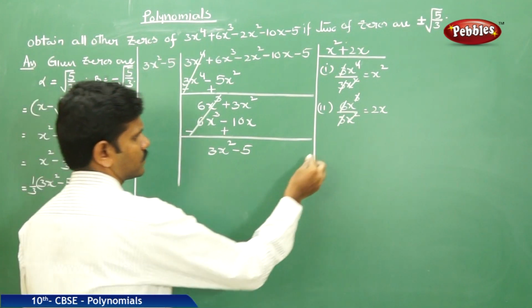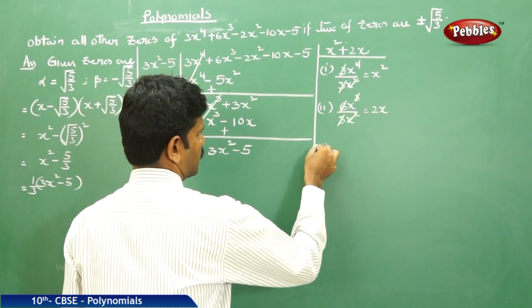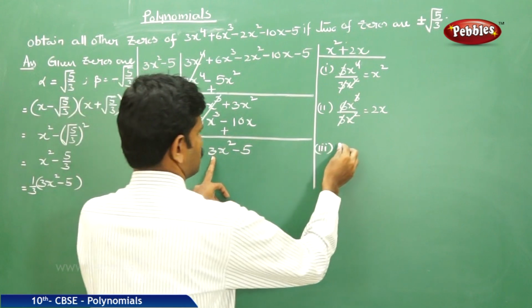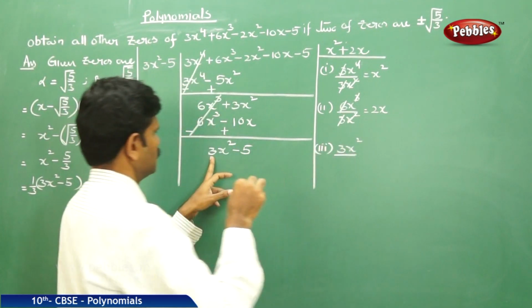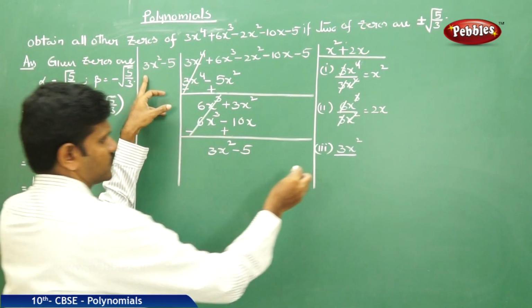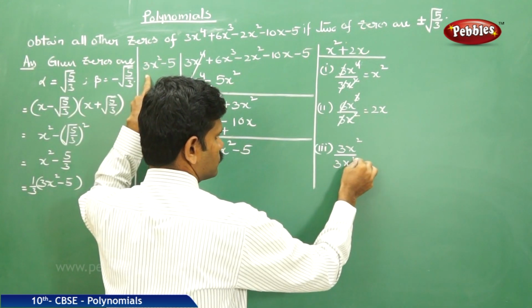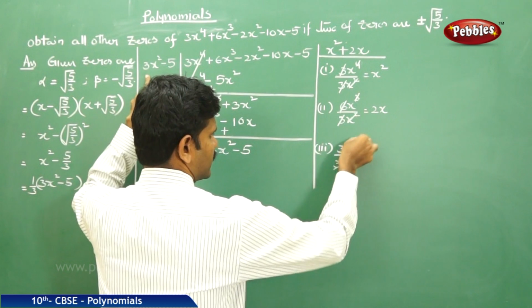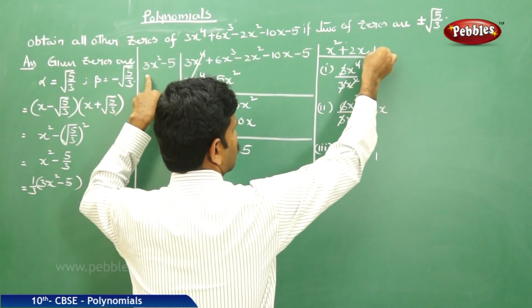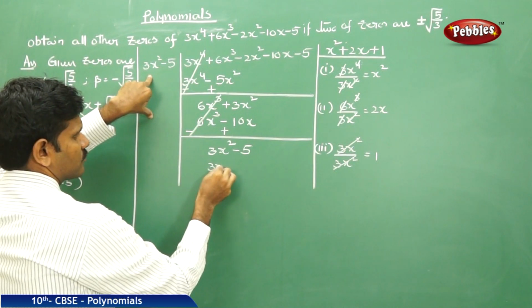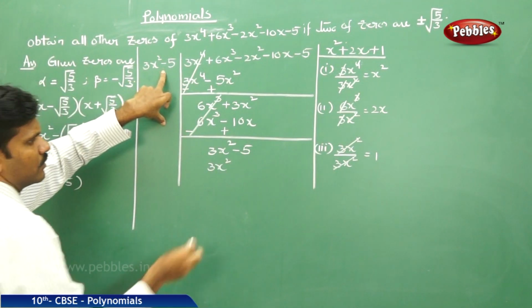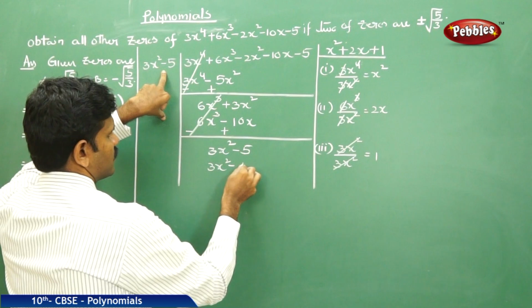Then third part, that is 3x square by 3x square, both get cancelled, which is 1. 1 into 3x square, 3x square, minus 1 5s are 5.